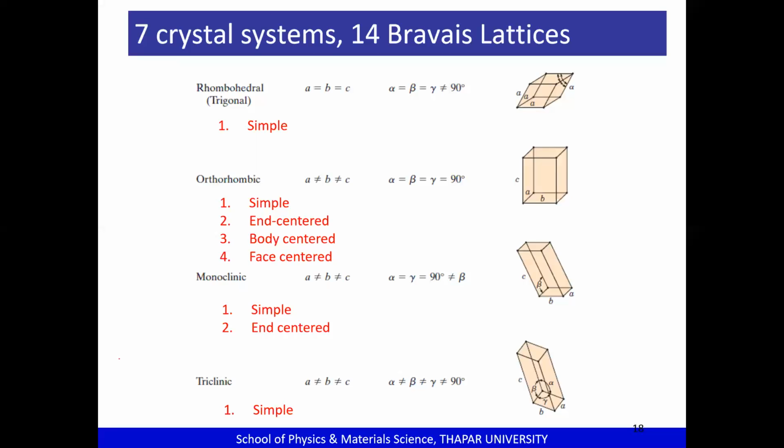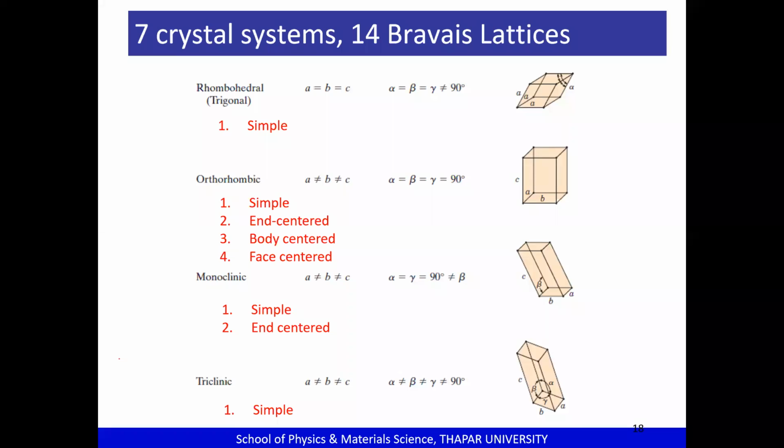The reason being, if you have 2 different Bravais lattices making the same geometry, then we will consider only the particular geometry which possesses fewer lattice points.